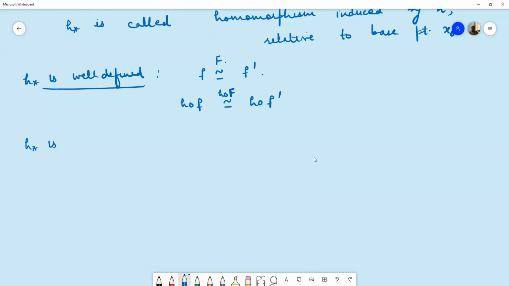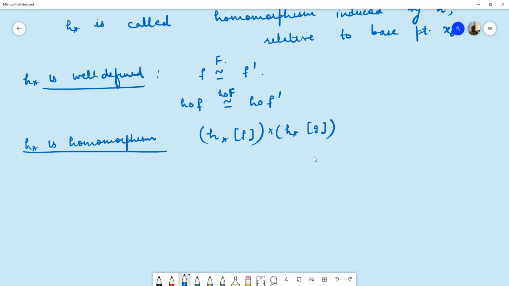And secondly, we will prove this is a homomorphism. And to prove this is a homomorphism, basically, we have to prove that h star of [f] into h star of [g], so here into means product, because h star of [f] is a homotopy class, and this is also a homotopy class. So for homotopy classes, their product is denoted by star. So it will be h star of [f star g]. So we want to prove this thing.